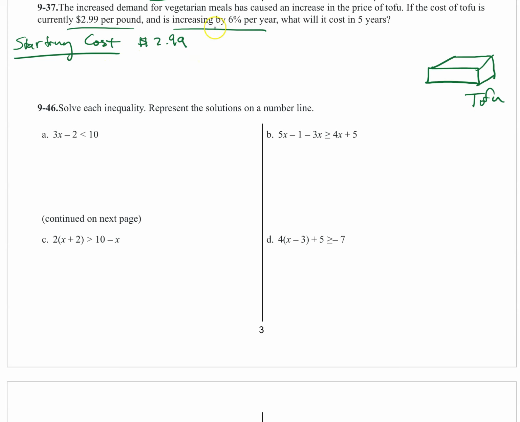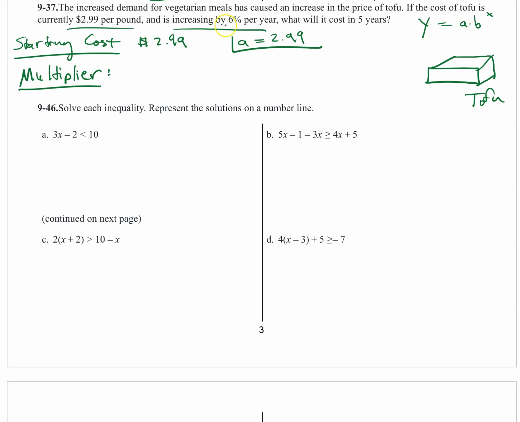Alright, now because it's increasing by 6% per year, that's kind of your giveaway to use y equals a times b raised to the power x. We're going to need to get a multiplier. Alright, so our starting cost is going to act as our starting value in this equation. So a is $2.99. And then the multiplier is going to be how much you multiply by to find out how much it costs next year.